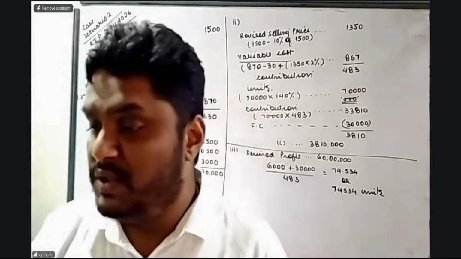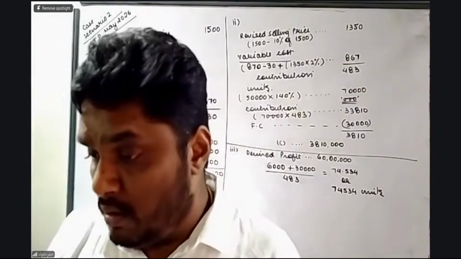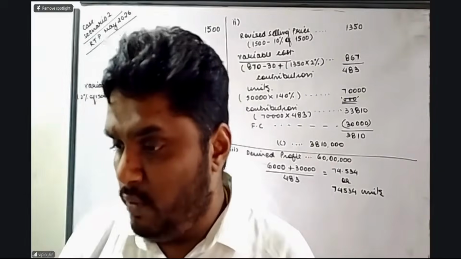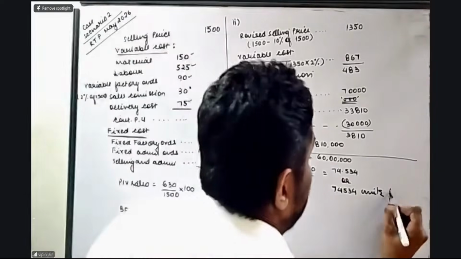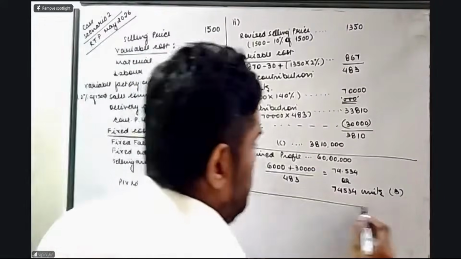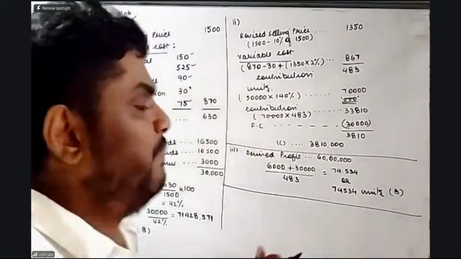So let's check the options now. 74,534, so B is the correct option. So B is the correct answer. So we are done with the third point also.